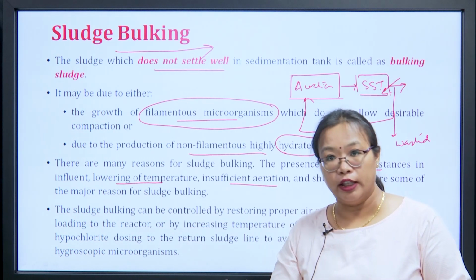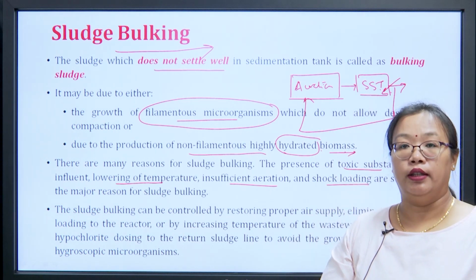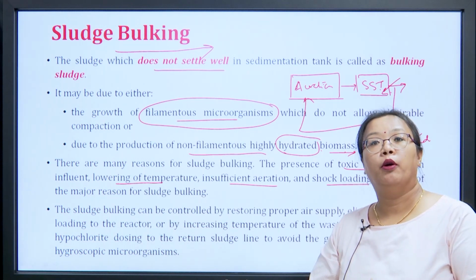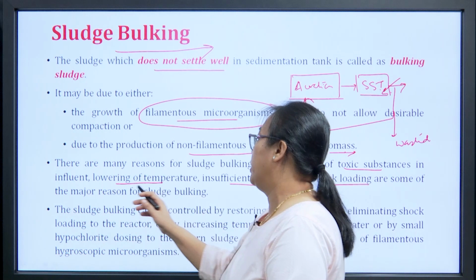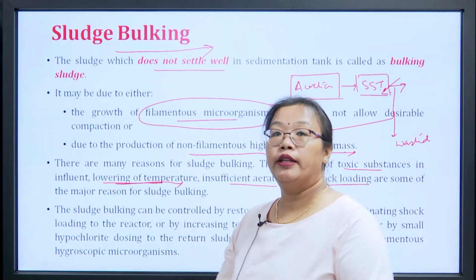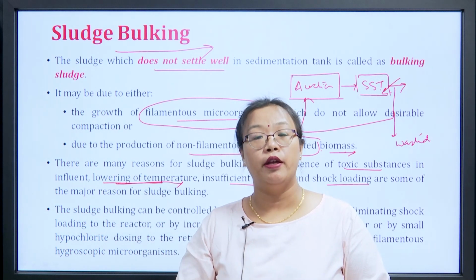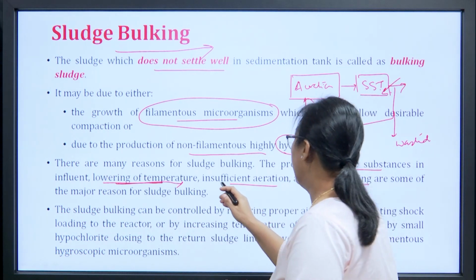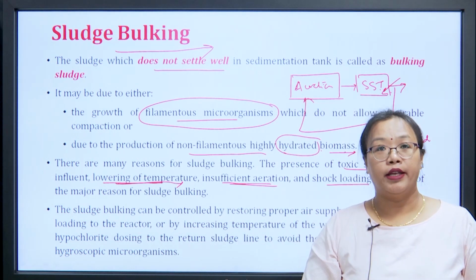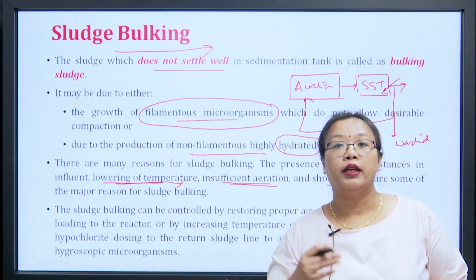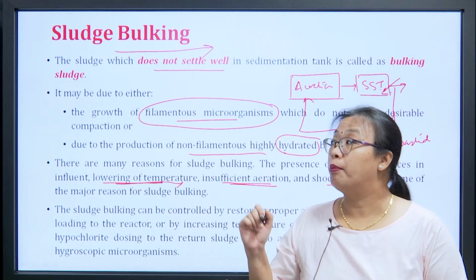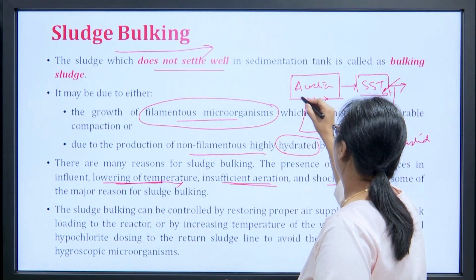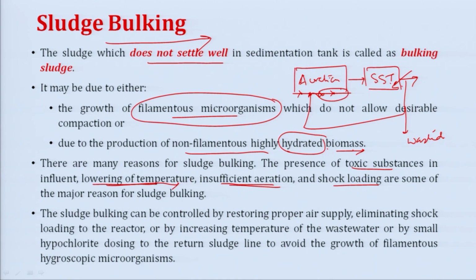God has been very kind to us in this regard, that we have very good temperatures. So if for any reason the temperature goes down, or in hill stations, this may create a problem because at that time the bacteria won't be able to live, they will start dying off. Okay. And there is insufficient aeration. If aeration is not happening properly in your ASP, for example at some particular part, or the diffusers you have installed here, if this part gets damaged, aeration happens only in this area and not in this area, then that can also cause it.